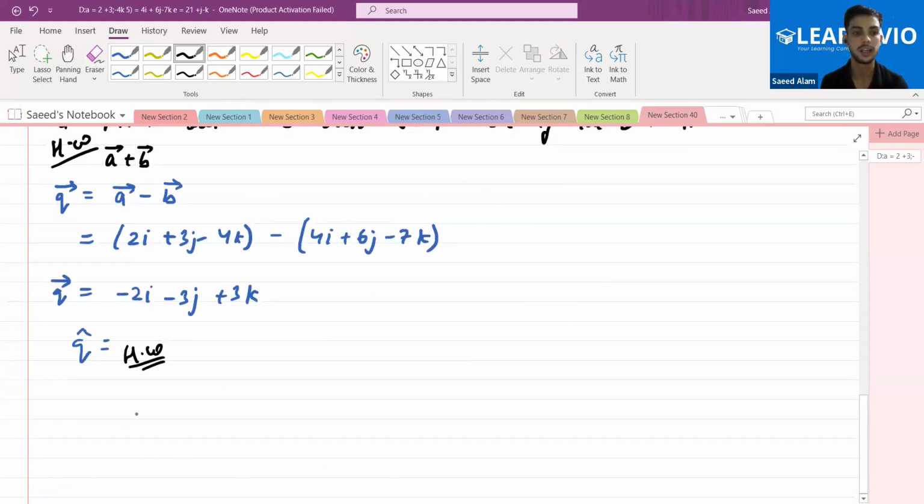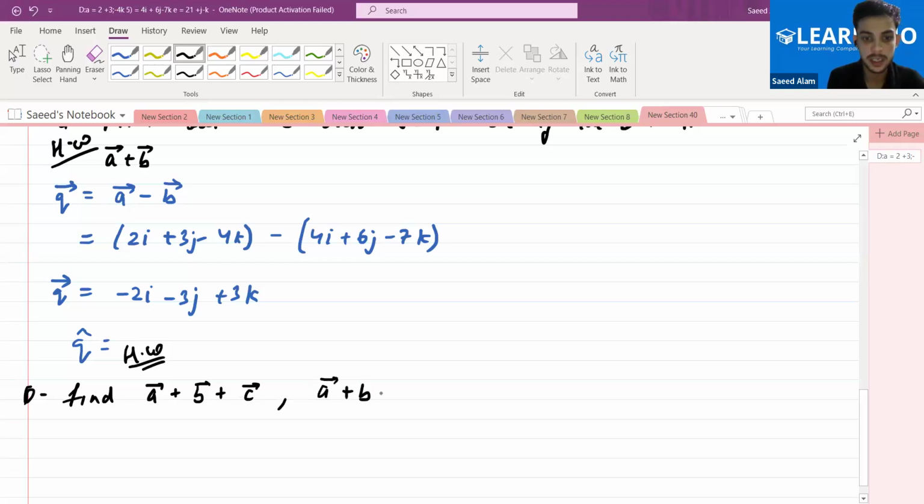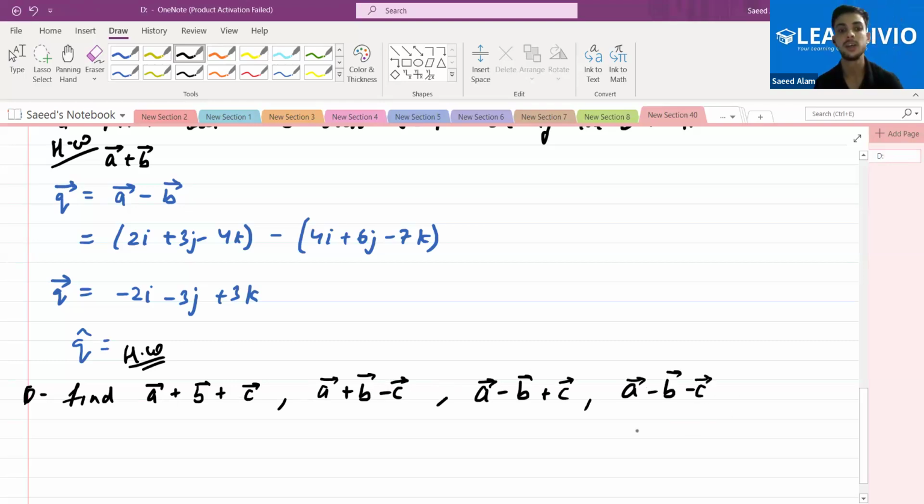Let me give this part also as homework. Find a plus b plus c, and a plus b minus c, and a minus b plus c, and a minus b minus c.